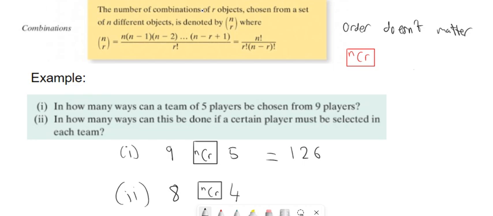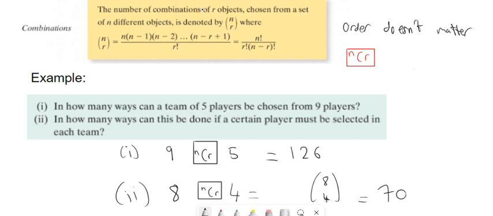The notation for this is generally written in brackets, one number over the other. If you put that in the calculator, we get 70.